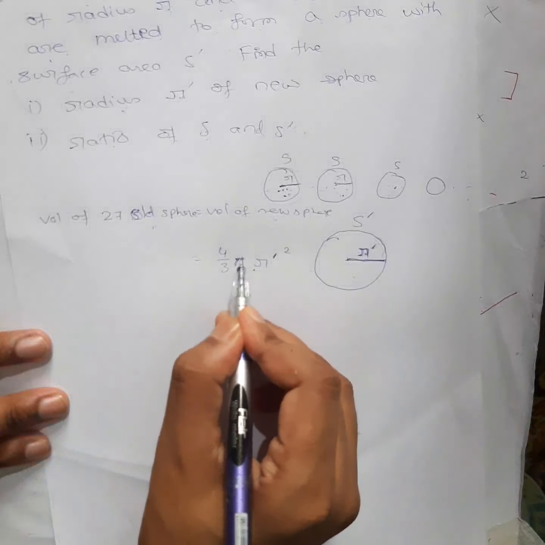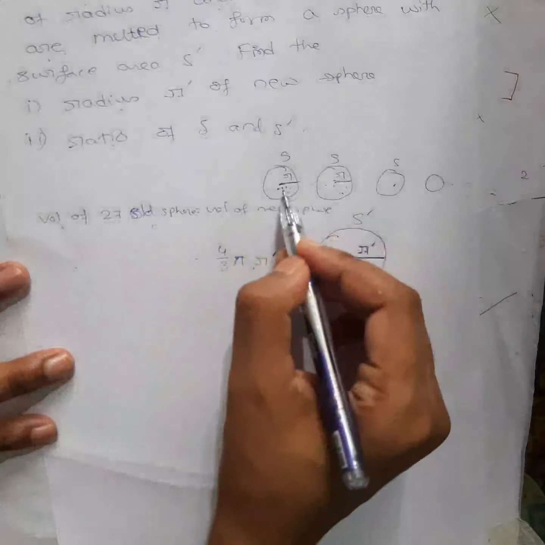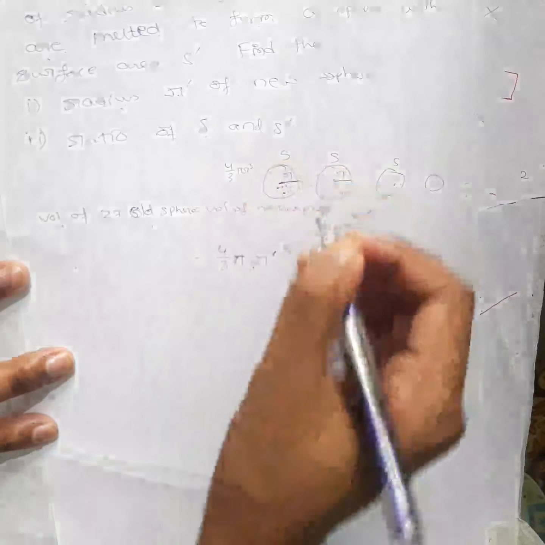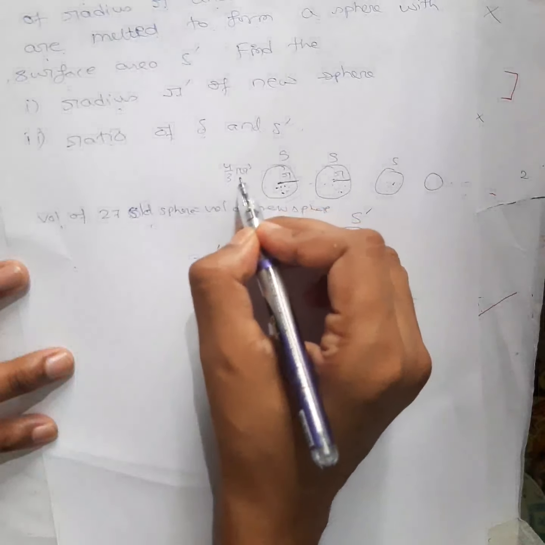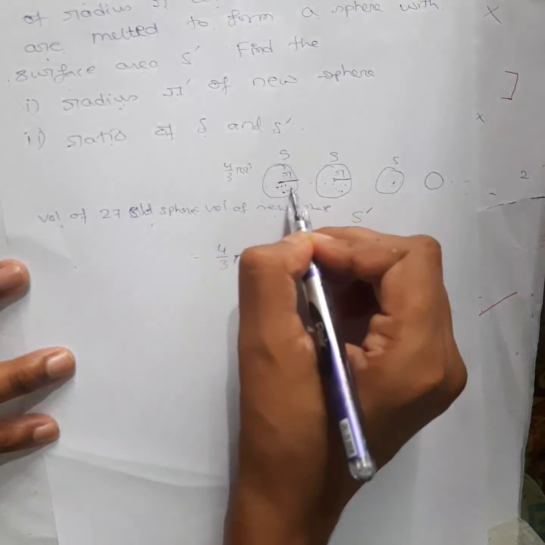Now see here, next what will be the volume of the 27 small spheres? For one sphere it will be 4 by 3 pi r cube. Sorry, the new sphere is pi r dash cube, and the old is pi r cube, right? So 4 by 3 pi r cube is the volume of just one sphere.